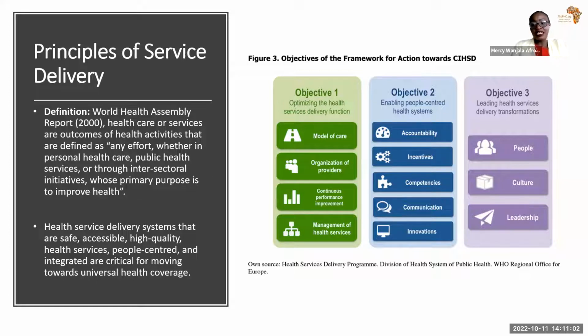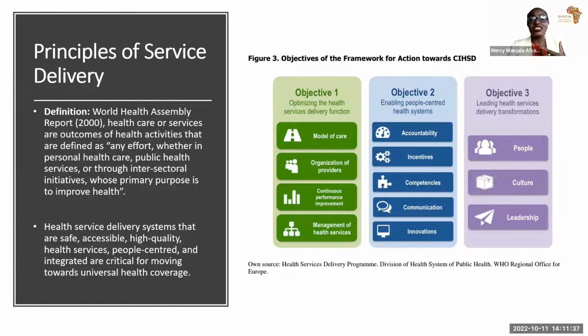Then in terms of leading health services delivery transformation, remember that people are central. People are key. Without people, one, you will have nobody to serve. Two, without the people within the system providing the services, you would not have a healthcare system providing services. The next thing is culture. You have to consider culture when you're thinking about health service delivery systems, because there's a quote that I love and I tell everyone about it that says, culture is strategy for breakfast, lunch, and dinner.